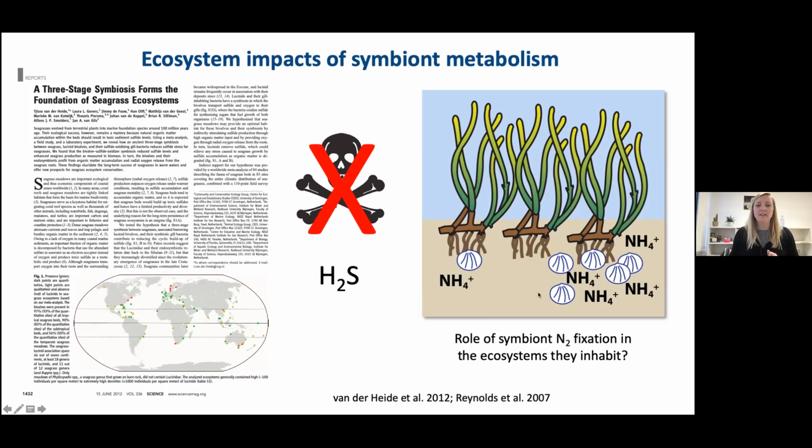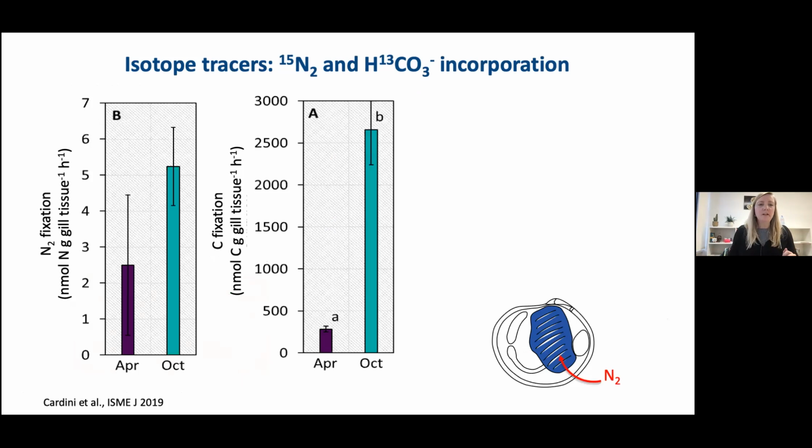So we had this hypothesis that the symbionts of the leucinid clams are providing nitrogen to the environment. How could we show that? The hypothesis was that they would be releasing a source of nitrogen to the surrounding sediments. And to measure this, we used some isotope tracers.